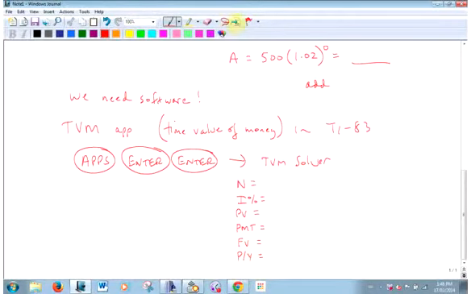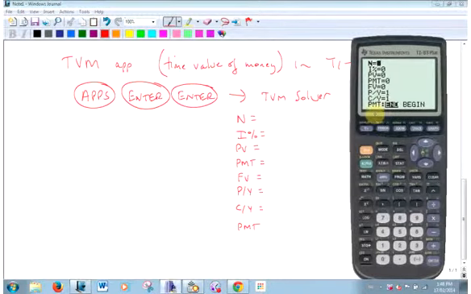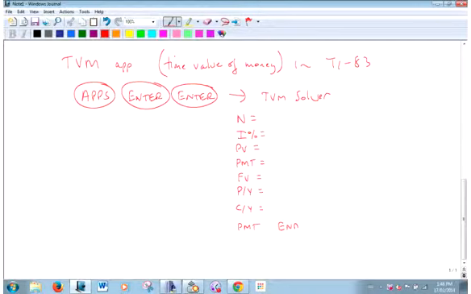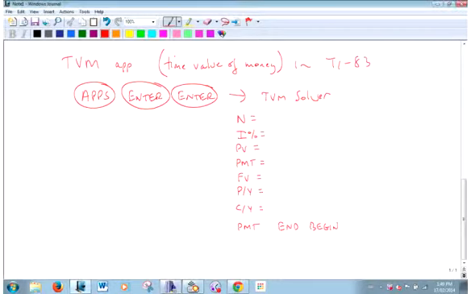P/Y, C/Y, and then on the bottom, payment, it says end or begin. And you see how the end is highlighted there? So that's what your screen looks like.